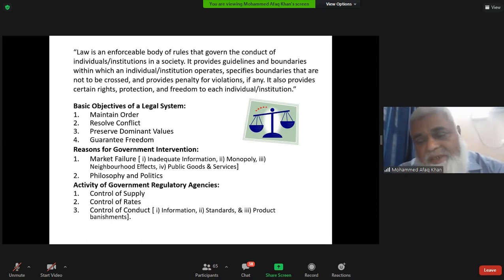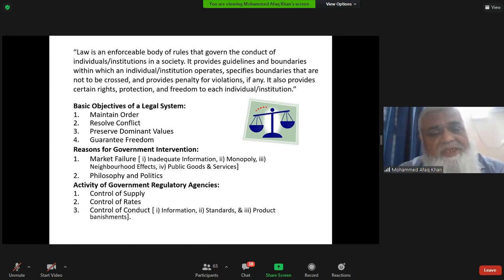So whether it's the traffic system in a particular city, where there are traffic lights and traffic rules which should not be violated, otherwise there would be a traffic jam. Likewise, for every type of conduct of individuals or institutions, there are rules. Reserve Bank of India has rules for the banks. SEBI has rules for the companies that trade on the stock exchanges.